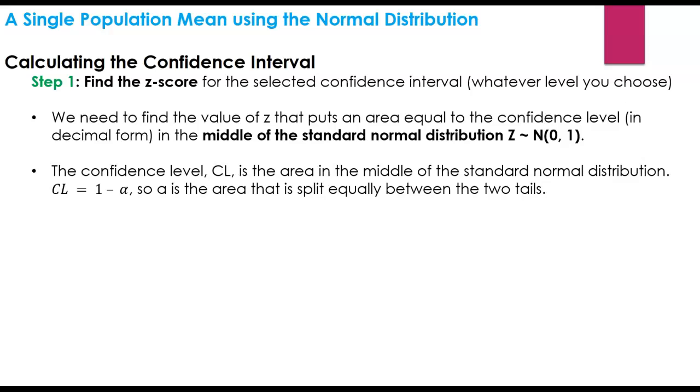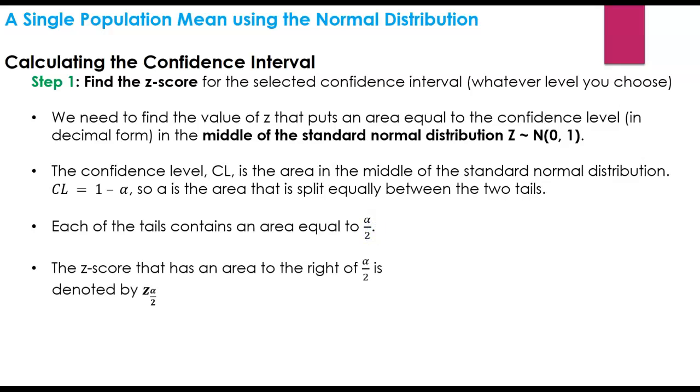CL is equal to 1 minus alpha, so alpha is the area that is split equally between the two tails. There's a diagram that will come up in a minute and you'll understand that a little better. Each of the tails contains an area equal to alpha over 2. The z-score that has an area to the right of alpha over 2 is denoted by z of alpha over 2.